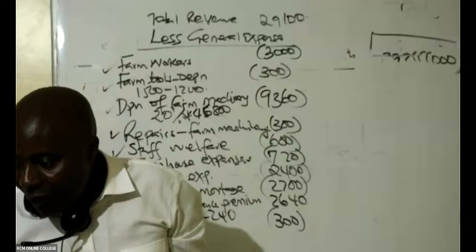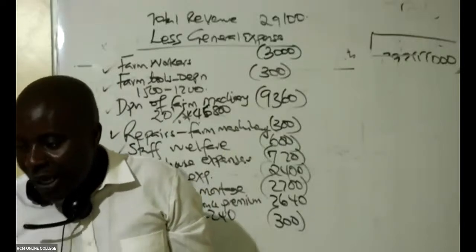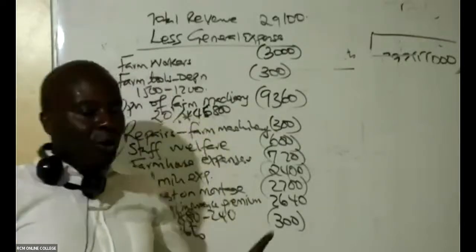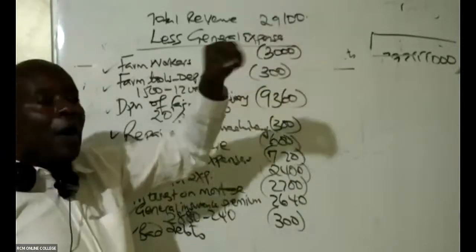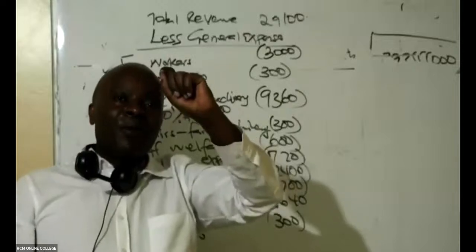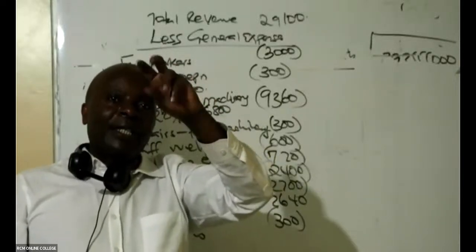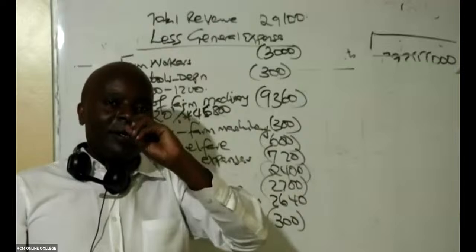So how did we arrive at 29,100 as total revenue? Sorry for not showing you this very well. This 29,100 is a sum of our profits. If you remember, we had profit from crops, and profit from livestock.